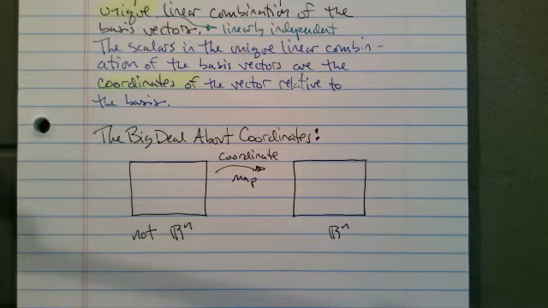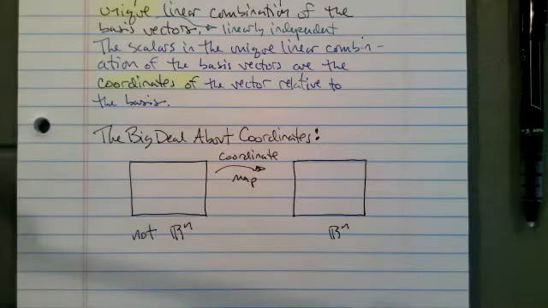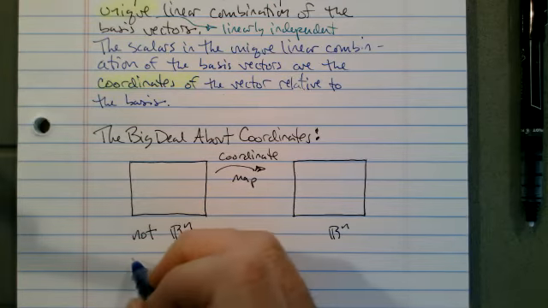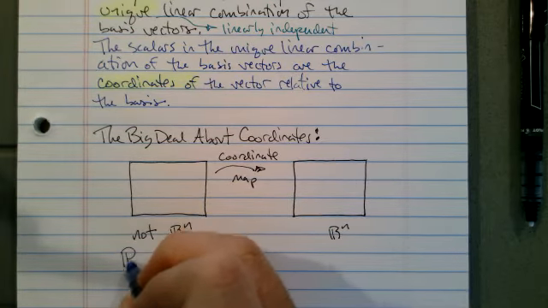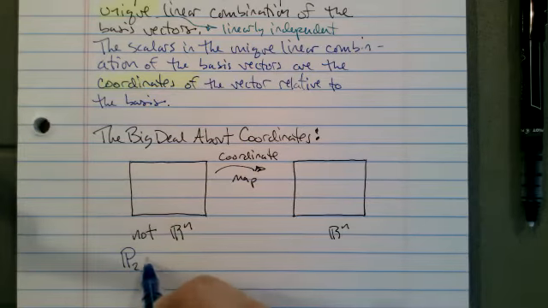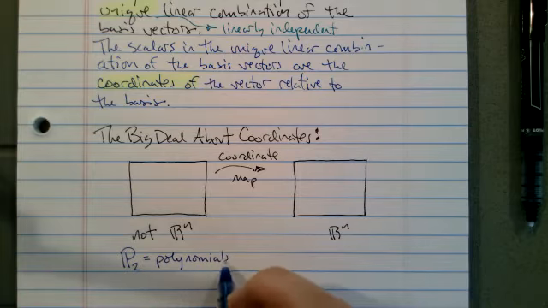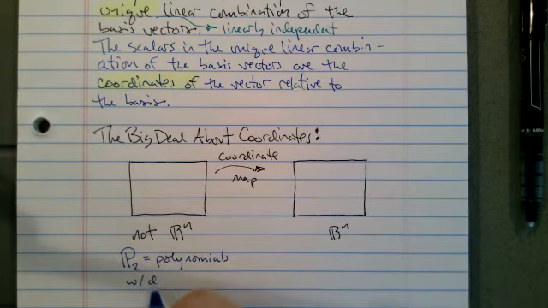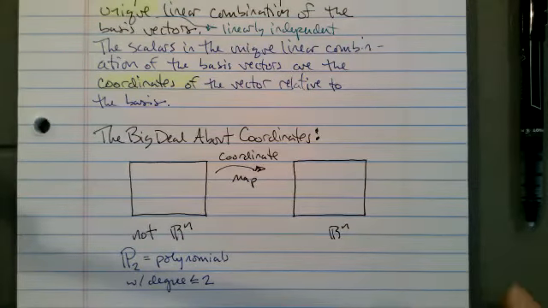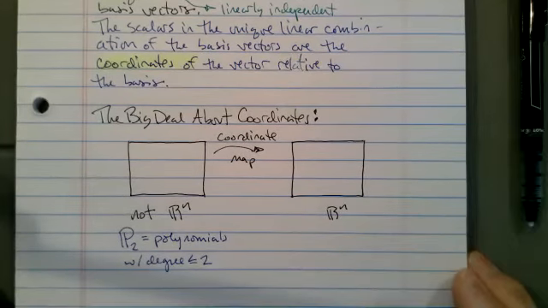For example, let's suppose that this is not Rn, let's suppose that this is the vector space P2. This is the set of all polynomials of degree at most 2. So polynomials with degree less than or equal to 2 form a vector space.